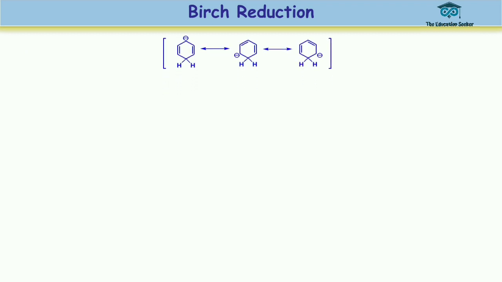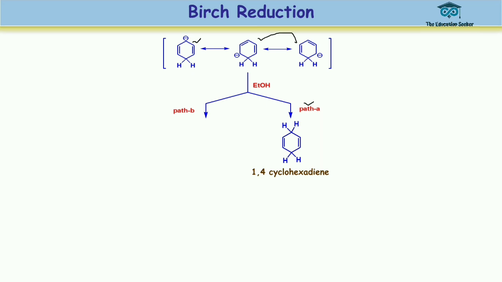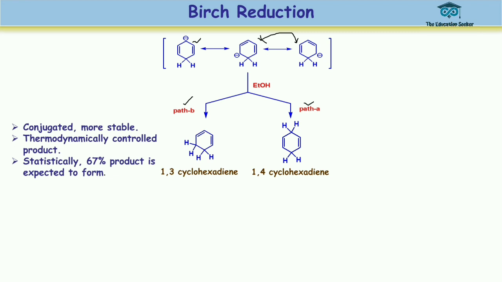Now we have three canonical structures of the cyclohexadienyl anion. If this canonical form undergoes protonation via path A, it will provide 1,4-cyclohexadiene as a product, and if these two canonical forms, which are basically equivalent for protonation, protonate via path B, they will provide 1,3-cyclohexadiene as a product. If you consider 1,3-cyclohexadiene, there is conjugation. Conjugation makes it more stable, so it is the thermodynamically controlled product.